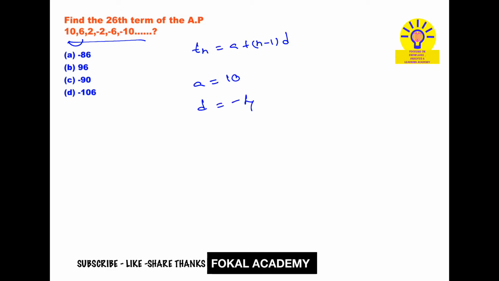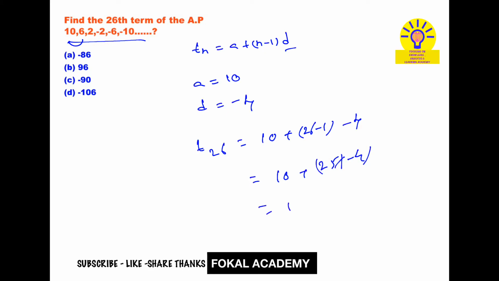Now we want the 26th term: T26 is equal to 10 plus 26 minus 1 into minus 4. So 10 plus 25 into minus 4, that is 10 minus 100, which is equal to minus 90. So from the options, option C is the correct answer for the given problem.